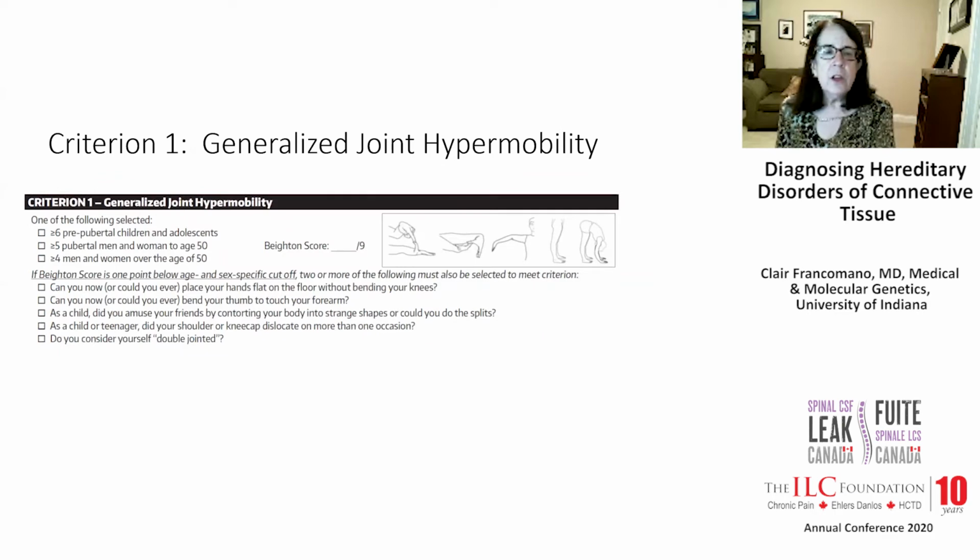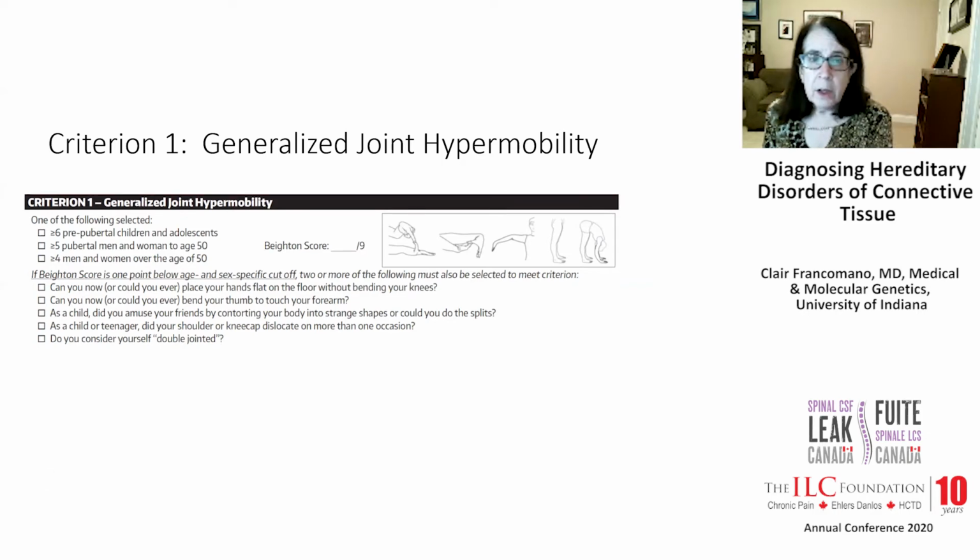We need a score of 6 or more in prepubertal children and adolescents to call generalized joint hypermobility, greater than or equal to 5 in men and women up to age 50, and for people over age 50, a score of 4 or more will qualify.